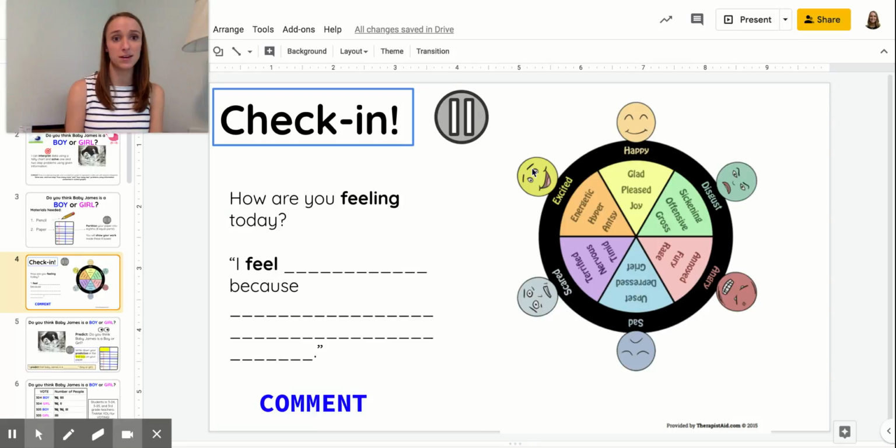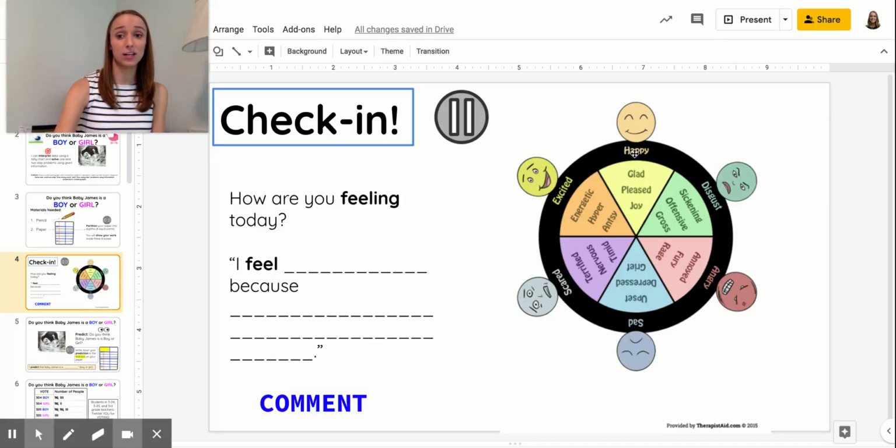We haven't been at school in a long time. I know I miss my students. I miss my fellow teachers so much. It's really difficult to be away from you guys and to be at home for so long. So I want to recognize that there are lots of feelings and emotions that we're all experiencing. And then we can also name some of those feelings too.